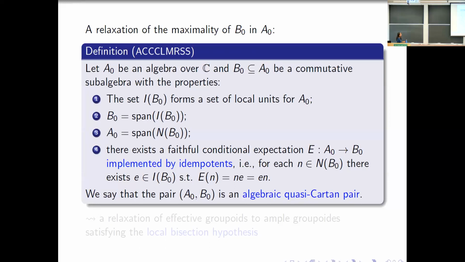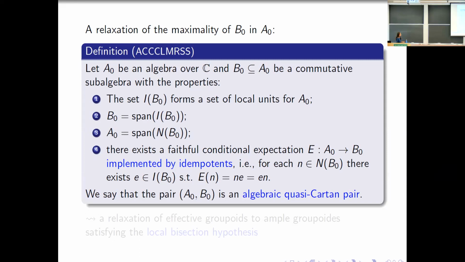Another modification is that instead of asking for a faithful conditional expectation, we have a specific condition on this conditional expectation. Simply, we ask that such a map be implemented by idempotents.